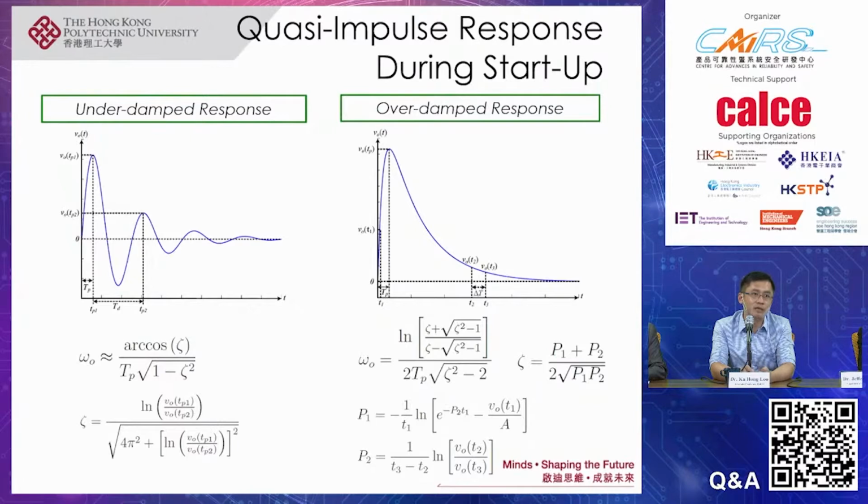By measuring the difference or the ratio between the first peak and the second peak, we will be able to estimate the resonant frequency. And here, the resonant frequency can be used as a precursor to tell us the current aging state of the converter, and how much remaining useful life is available to us, and whether it's time to do some maintenance.